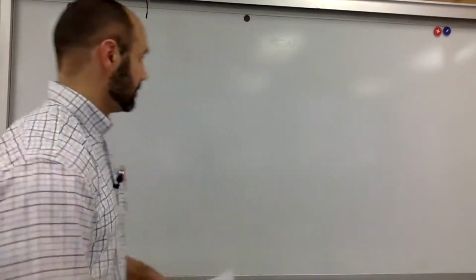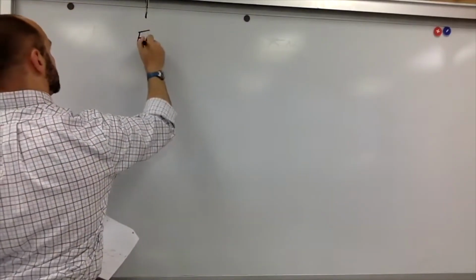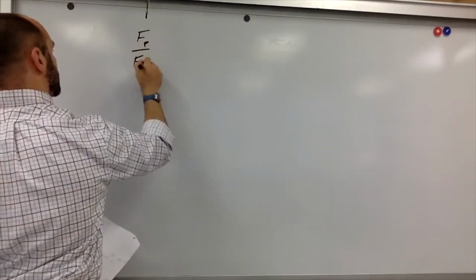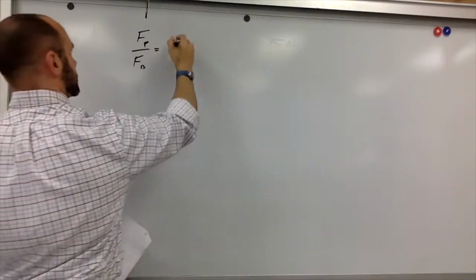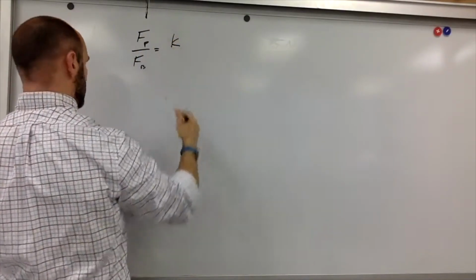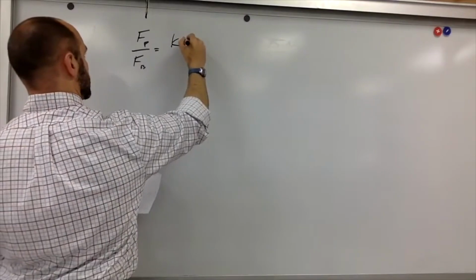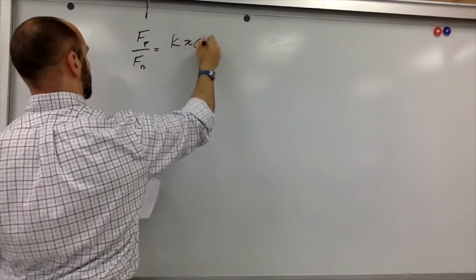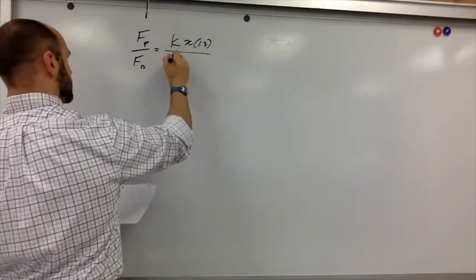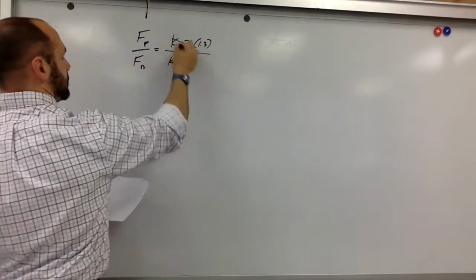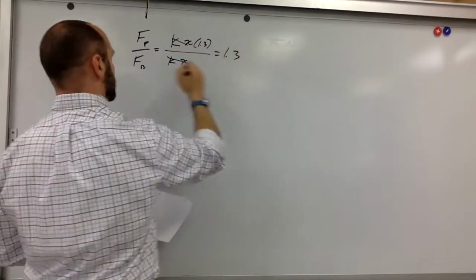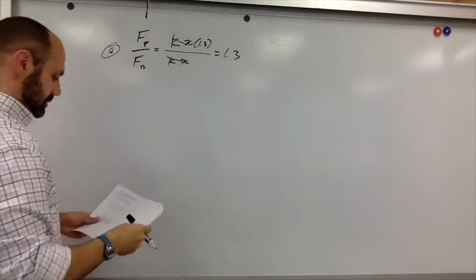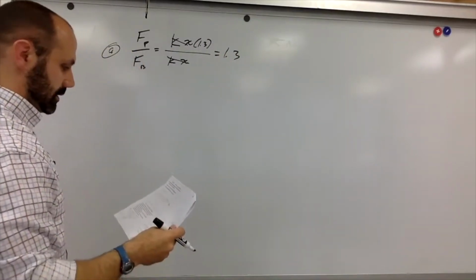Okay. Well, the force of the physics student over the force of the bio student, well, F equals Kx. So it's K, the same K, and then it's X times 1.3. We'll say X is how far the bio student can pull this. So the ratio ends up just becoming 1.3. So the answer to part A is 1.3.